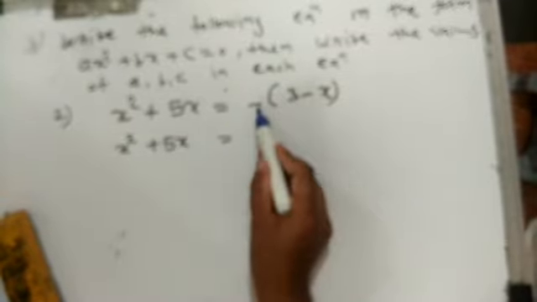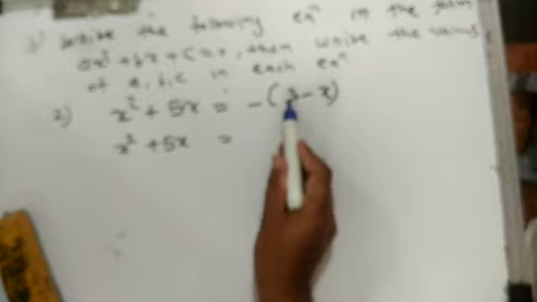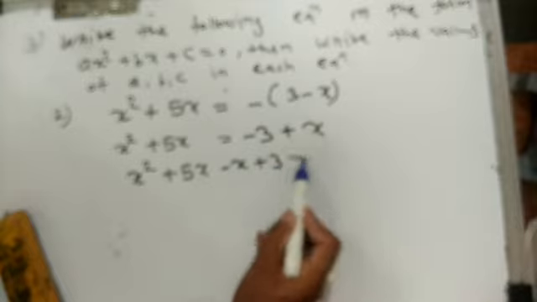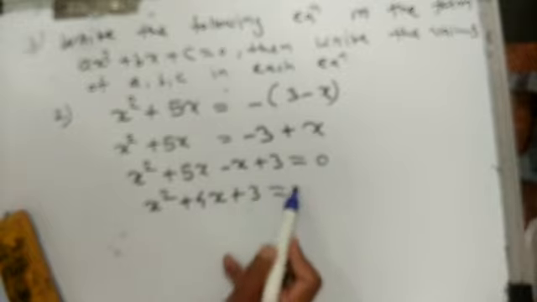Here first solve this bracket. x square as it is, plus 5x as it is, minus, multiply this minus sign throughout the bracket: minus 3 minus minus plus x. Then x square plus 5x, write down these two terms to the left hand side, minus x plus 3 is equal to 0. Therefore we can write x square plus 5x minus x, that is 4x, plus 3 is equal to 0.